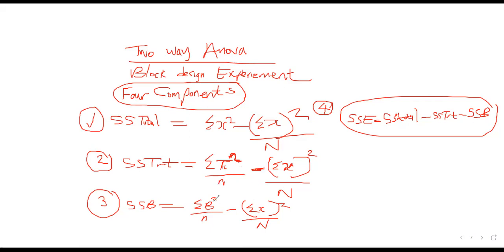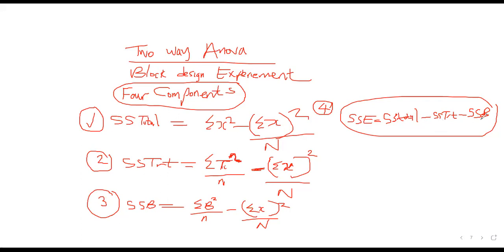So for the first part of the formula here, where we are finding summation of x square minus summation of x square over capital N, you just need to enter the data set in the calculator. I will show you how to enter the data set in the calculator quickly so that you understand how we get a total. Then the sum of square of error is sum of square of total minus sum of square of treatment minus sum of square of blocks.